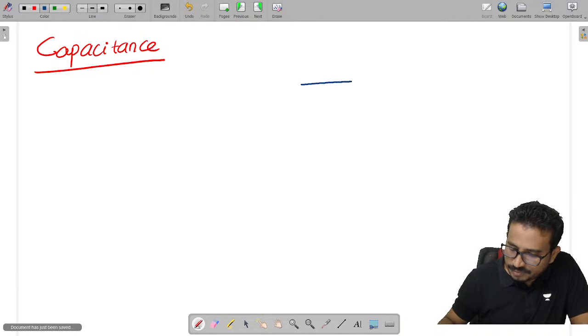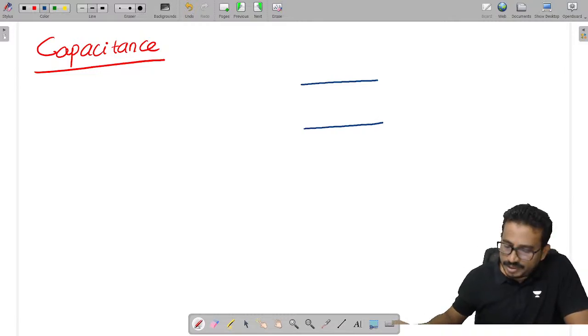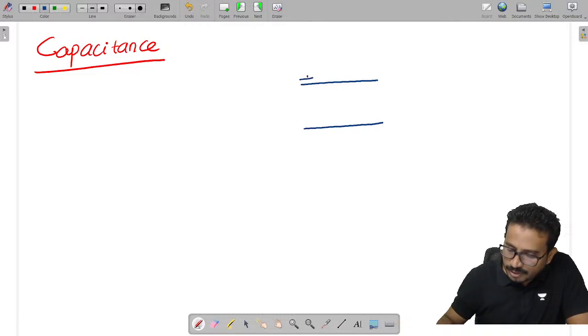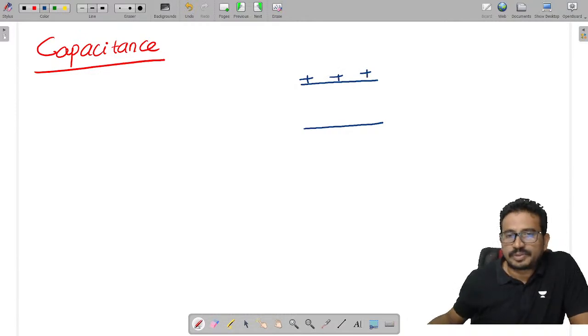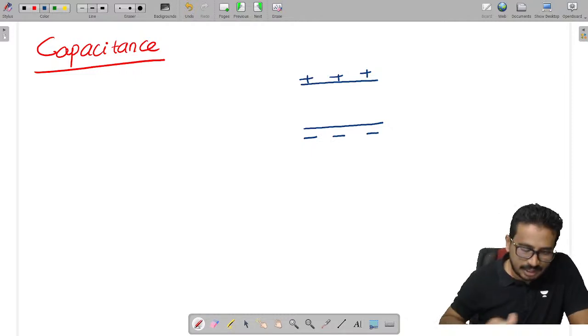If we have two conducting plates like this, for one conductor we apply the positive charge and the other conductor negative charge, and the medium between them is filled with some dielectric.